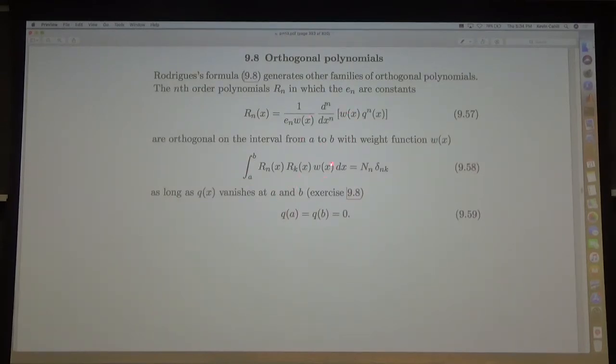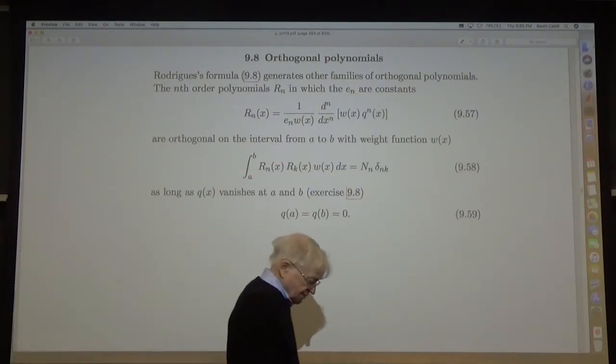And you then compute the E_n to satisfy some normalization constraint. And these formulas then automatically give you polynomials R_n that are orthogonal with respect to the weight function w on the interval from a to b, as long as q vanishes on the endpoints.